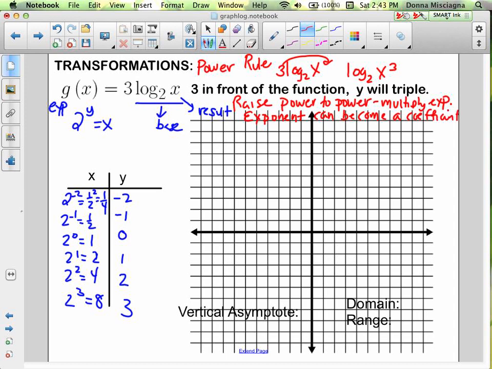Right? And so this is an exponent, and log base 2 of x is an exponent. And when we raise a power to a power, we just multiply the exponents, which means we can multiply the 3 and the y value, because the answer is the exponent, and y is the answer.